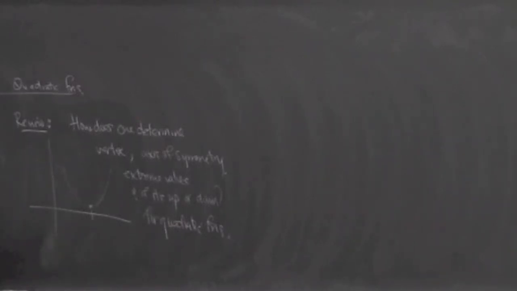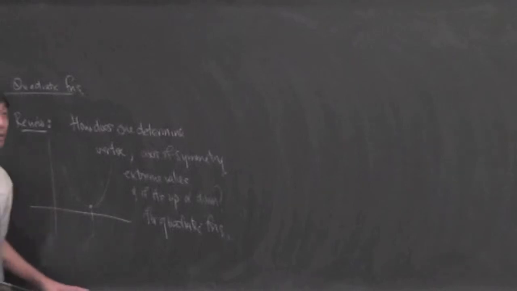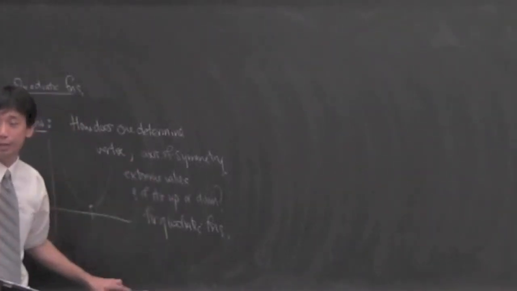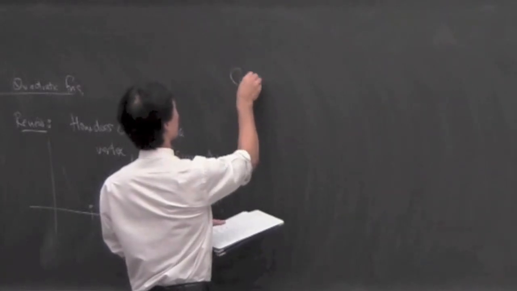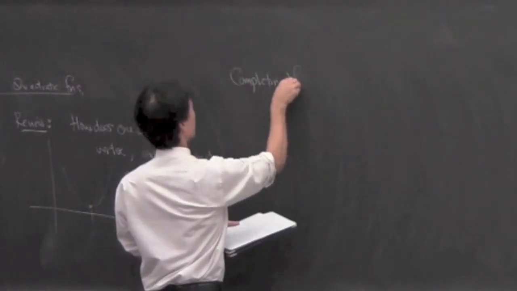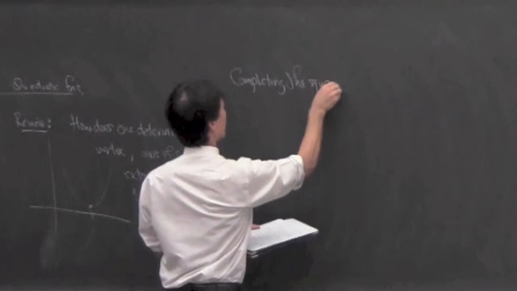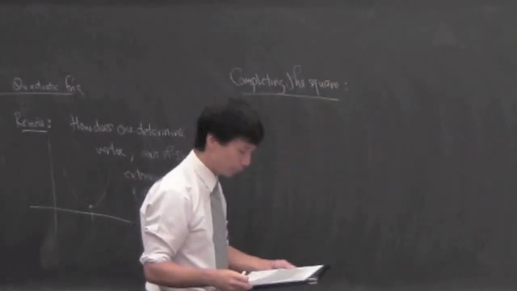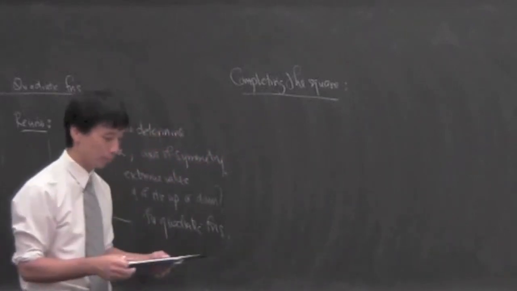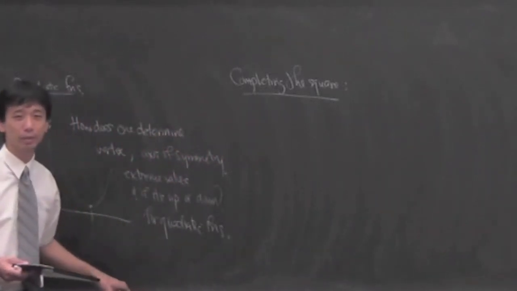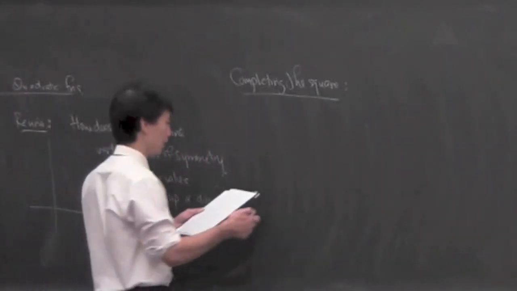The trick to understand quadratic functions is basically just completing the square. So let me do an example or two, and that would, I think, make it clear how to understand the behavior of a quadratic function.